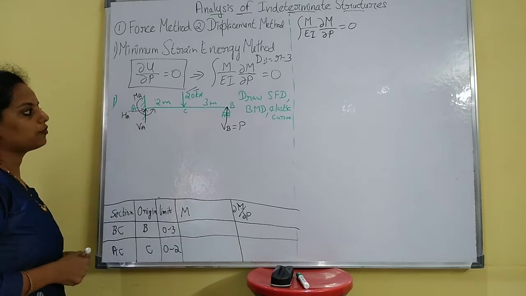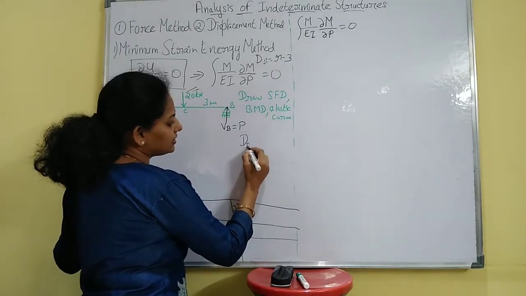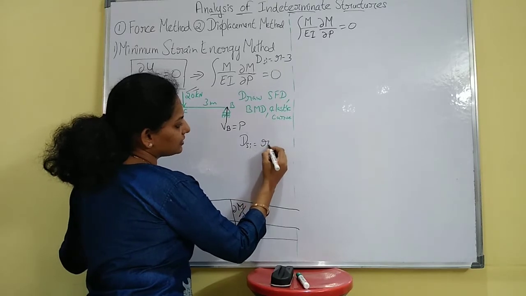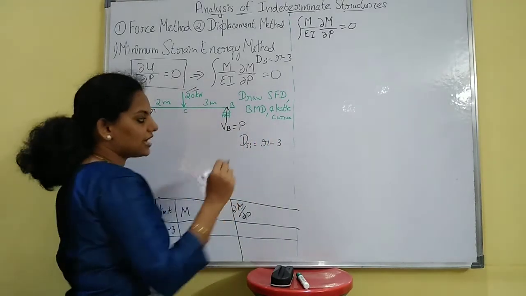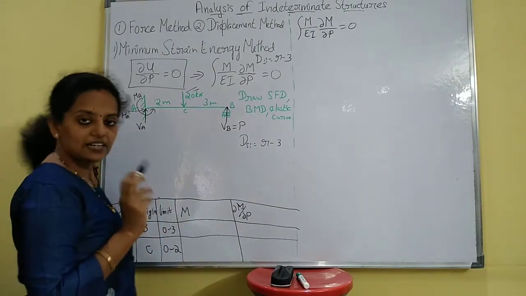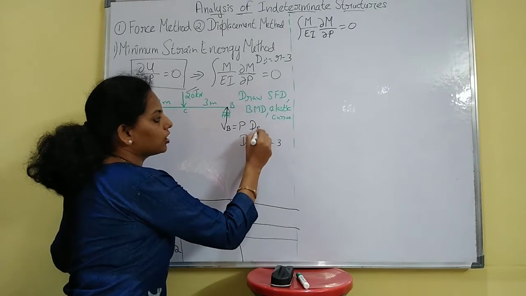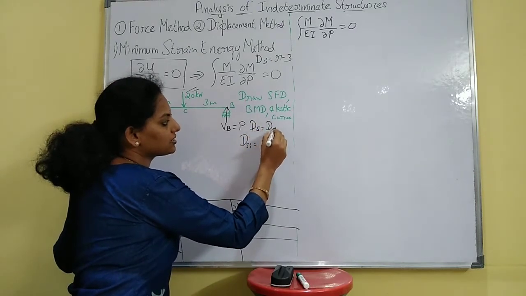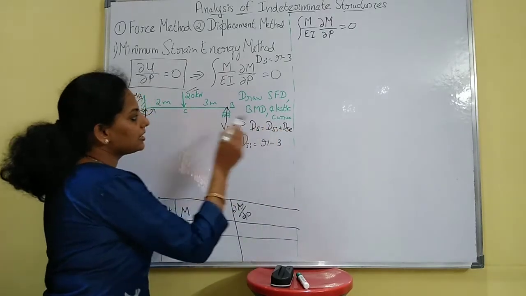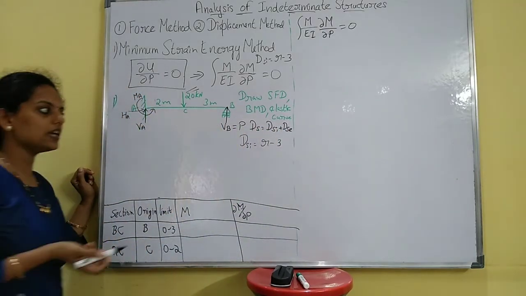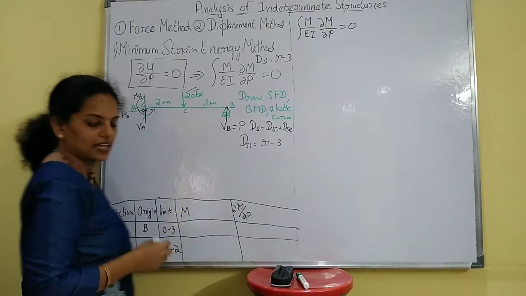So first step, find out the static indeterminacy, that is DSI. As you studied previously, DS is DSI plus DSE. Here the extra indeterminacy DSE will be 0 for beams, and you have just DSI.